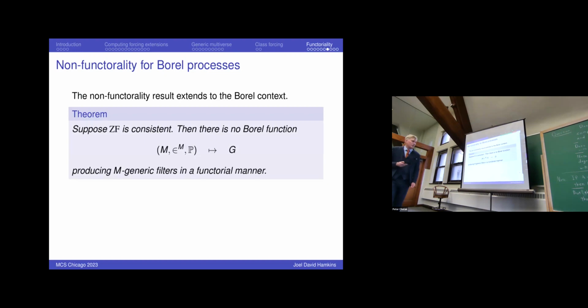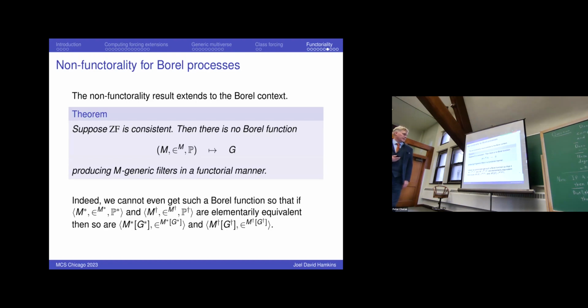So there's no Borel function that produces generic filters in a functorial manner. And furthermore, the argument even shows the following: there's no Borel function so that if you give me two presentations of elementarily equivalent models, then the forcing extensions are elementarily equivalent.